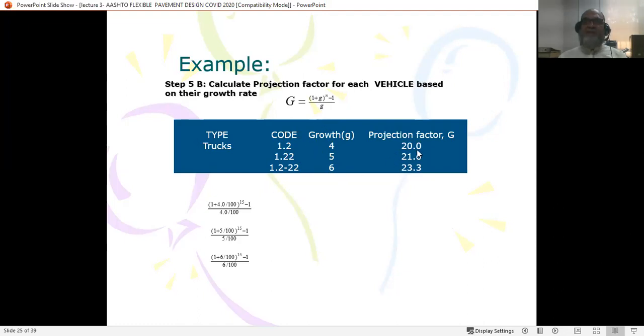That's how I get 20. And for 5%, again the same, 1 plus 5 upon 100 to the power 15 minus 1 over 0.05 or 5 upon 100. That is how I get this projection factor G into Y, as we have discussed in the previous slide.